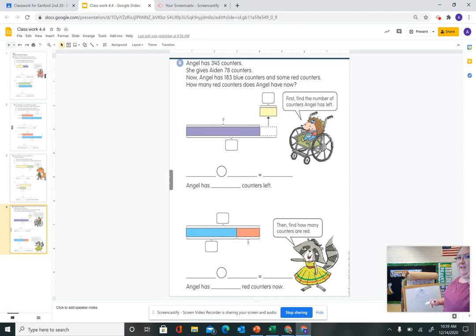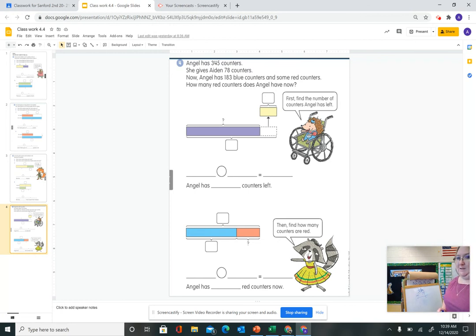15 minus 8. Remember how I did this? I started at 8 and I counted up to 15. So 8, 9, 10, 11, 12, 13, 14, 15. Oh, 15 minus 8 must equal 7. So I put my 7 down. Now I'm going to look at this next door number here. That's 7. That 7 is bigger than that 3, so they have to go next door and borrow 2. That 3 is going to become a 2, and this 3 here now is going to become 13.